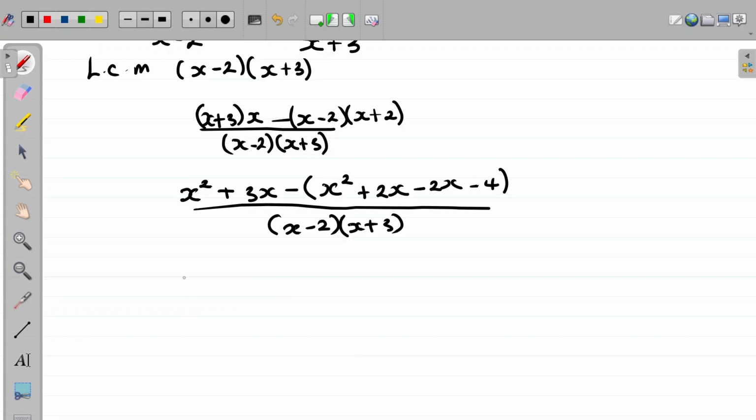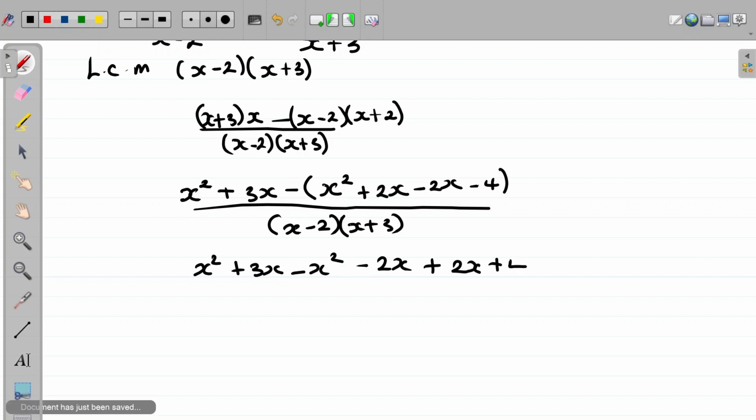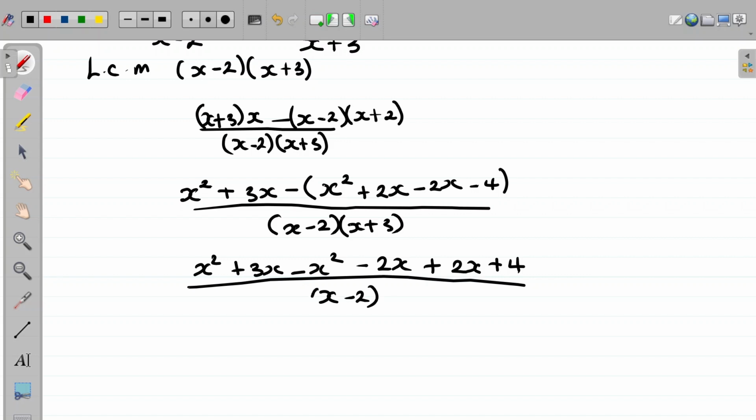Now, if we use our minus sign to open up the bracket on the numerator, we'll be left with x squared plus 3x minus x squared minus 2x plus 2x plus 4. Everything will be divided by the denominator, x minus 2, x plus 3.